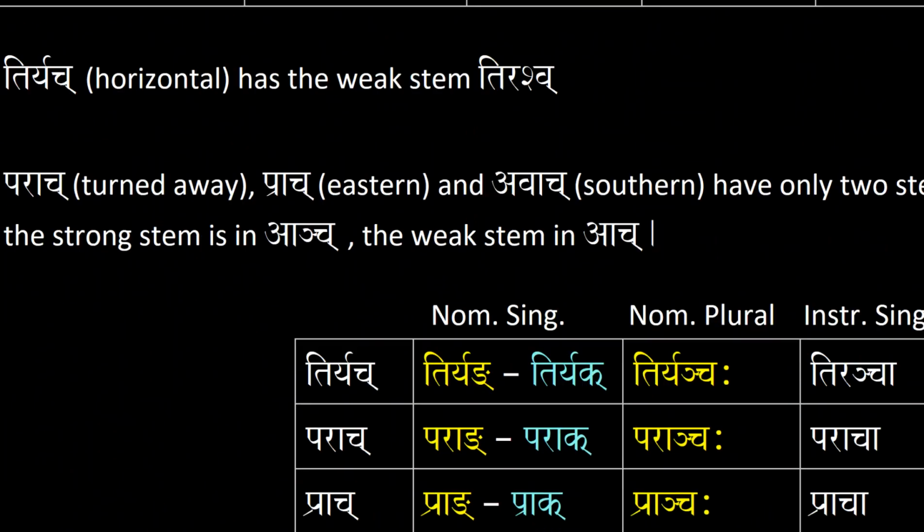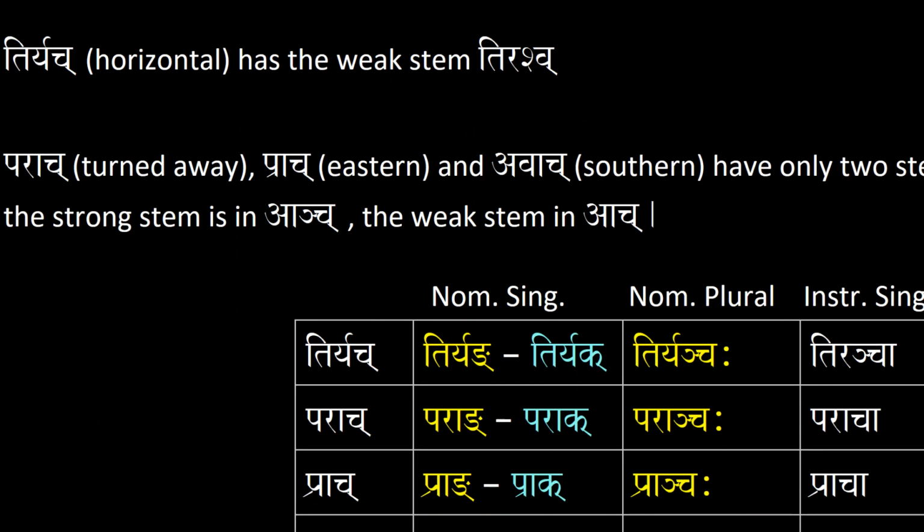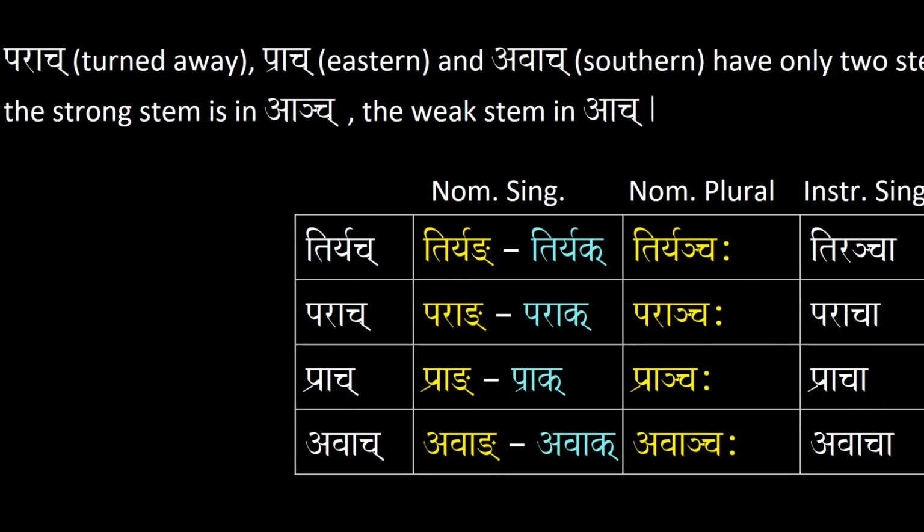And now moving on to some other directional adjectives. So tiryach is horizontal, and that has a weak stem tirash. And then parach, which means turned away, prach means eastern, avach means southern.